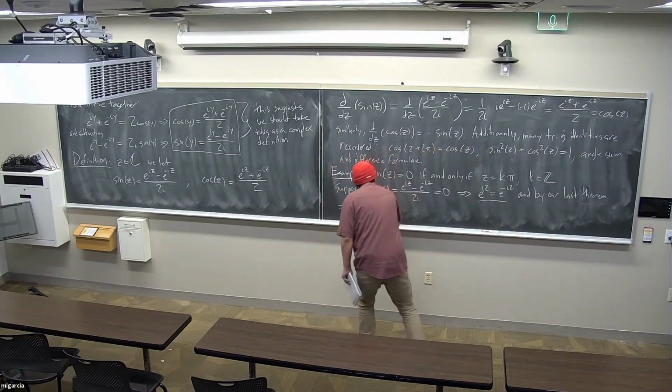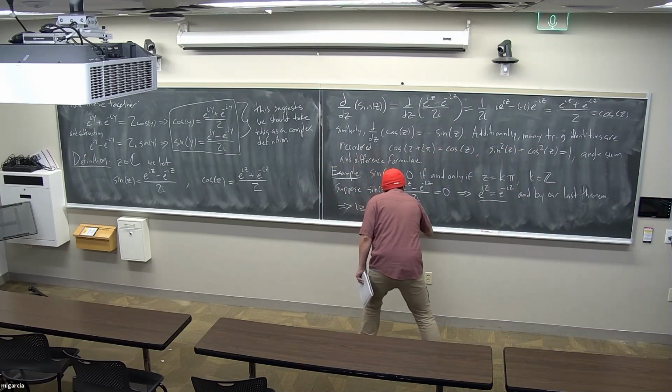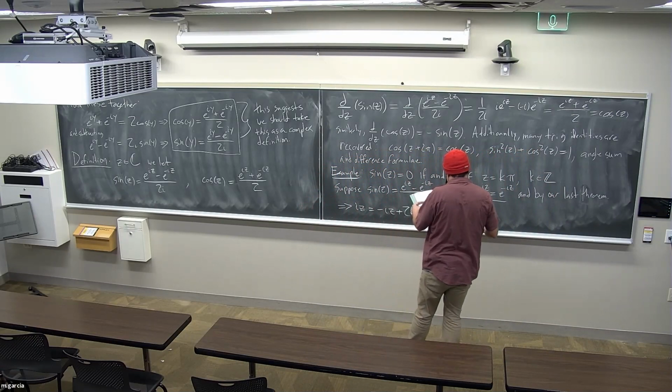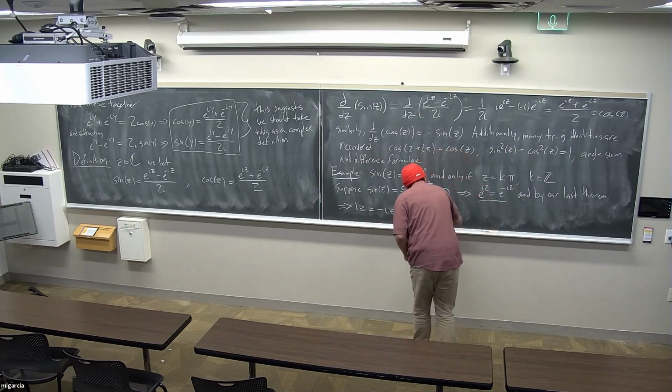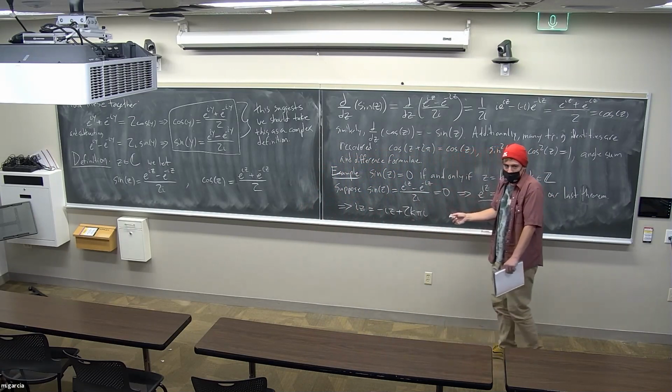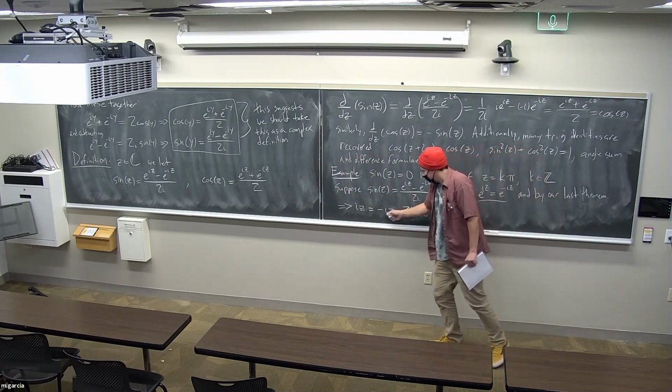By our previous theorem, this tells us that iz is equal to negative iz plus 2 times k pi i, for some integer k, right? Add iz to both sides.